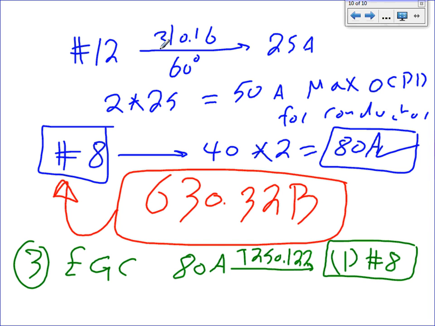Tomorrow I'm going to do the transformer calculation, and hopefully by the end of this week we'll close these two calculation chapters, so we can jump after the holidays into the lighting calculation. My plan tomorrow is to go over transformer calculation, sizing, overcurrent protection device, cables, monkeying around with transformers.